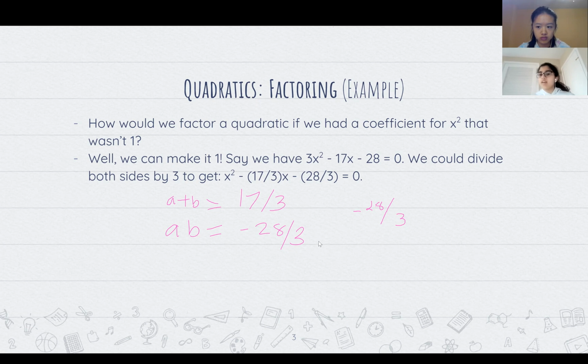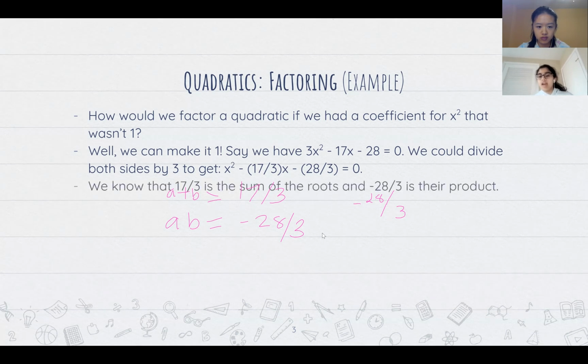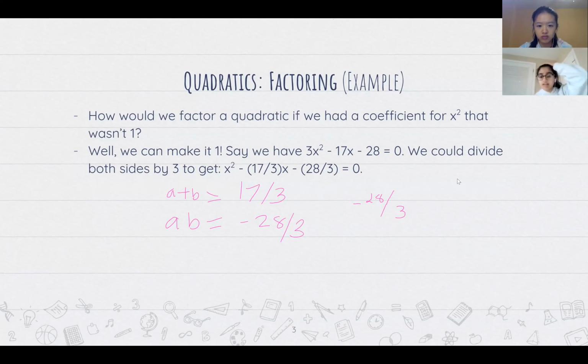So what values would multiply to negative 28? Because we know that the division by 3 is going to happen to one of the values. So 28 is 1 times 28, 2 times 14, 4 times 7.